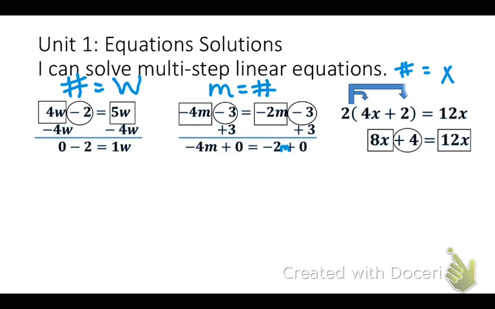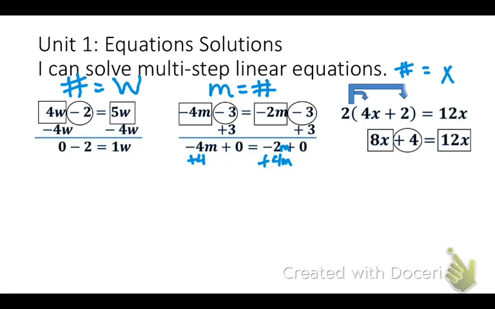All right, let's look at the next example. Again, remembering I want my m's on the left and my numbers on the right. So we have to move our m's to this side. We look at this m right here, and I see that it is a -2m. The opposite of -2m is positive 2m.